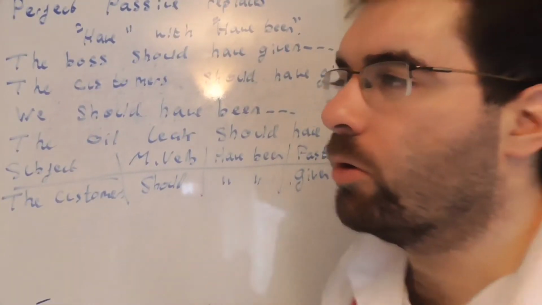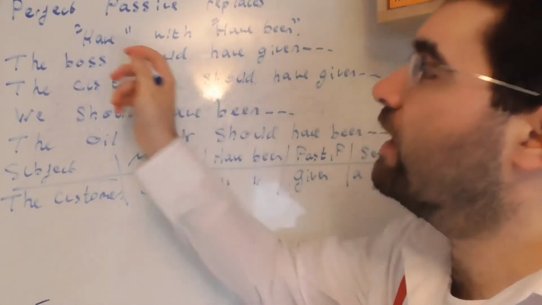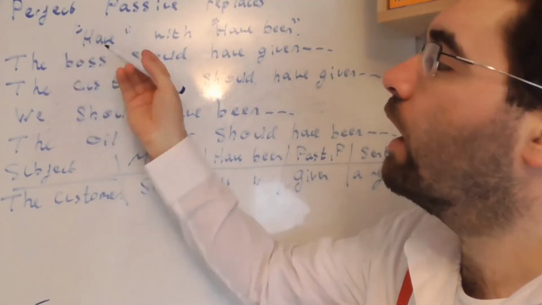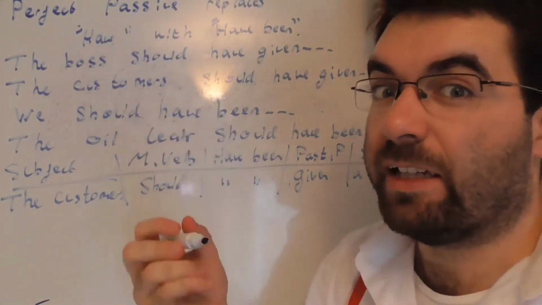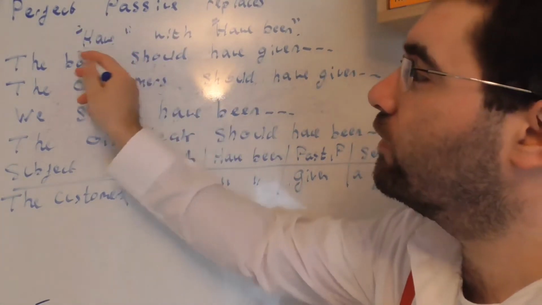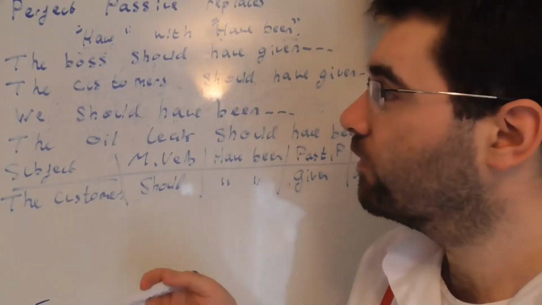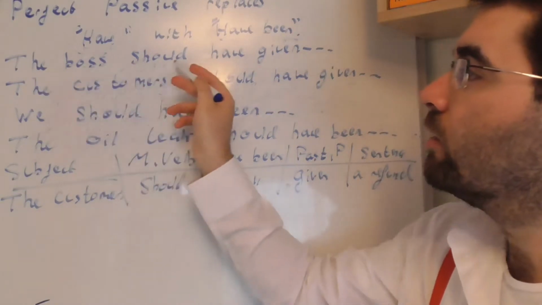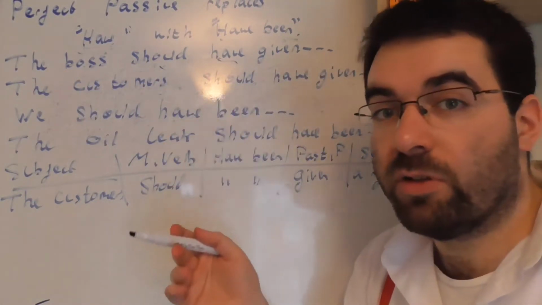However, it's interesting to note that in the perfect passive tense, we replace have with have been. Has been, have been. The boss should have given the customers a refund.